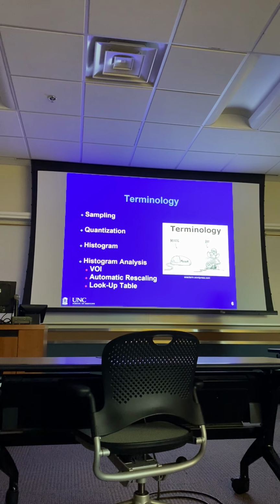Remember, electrons are released from the image detectors. That's analog data. So what is sampling? It's converting it, right? Sampling is selecting data points from that analog wave.